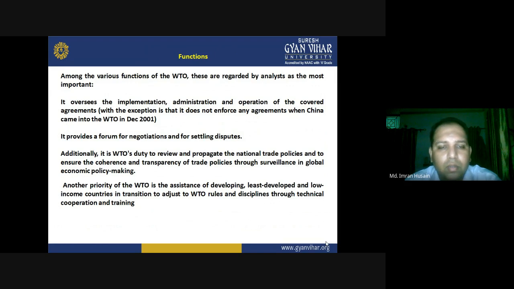Additionally, it is the WTO's duty to review and propagate the national trade policies and to ensure the coherence and transparency of trade policies through surveillance in global economic policymaking. Another priority of the WTO is assistance of developing, least developed, and low income countries in transition to WTO rules and disciplines through technical cooperation and training.